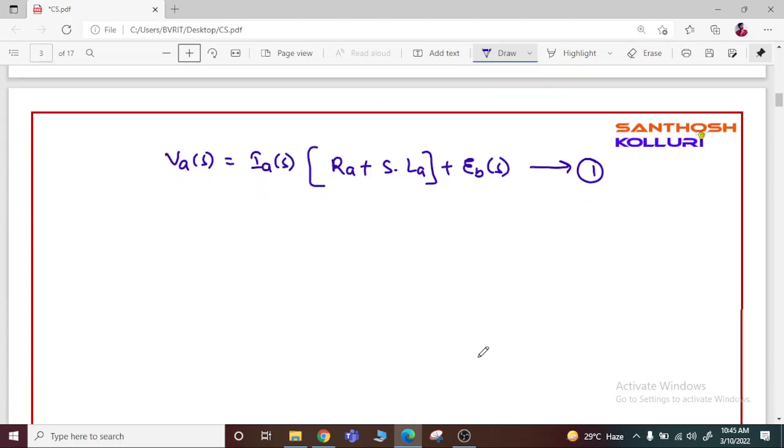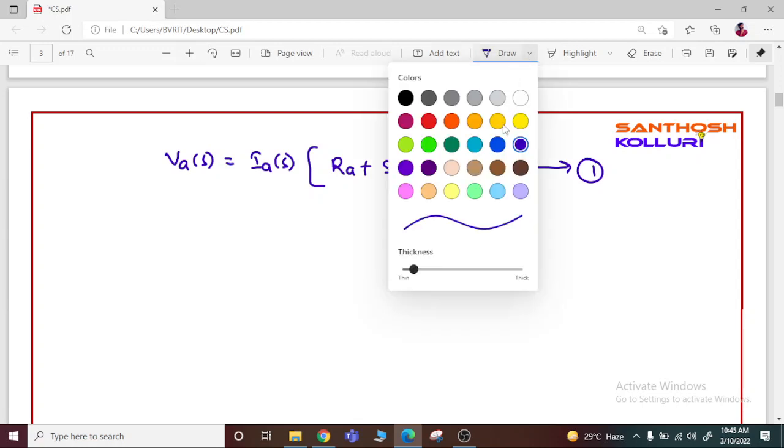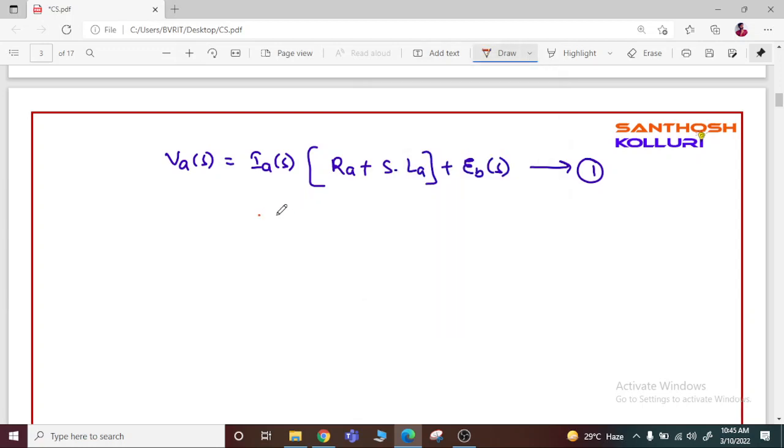We need to find out this IA of S as well as EB of S, then we have to substitute in equation number 1.